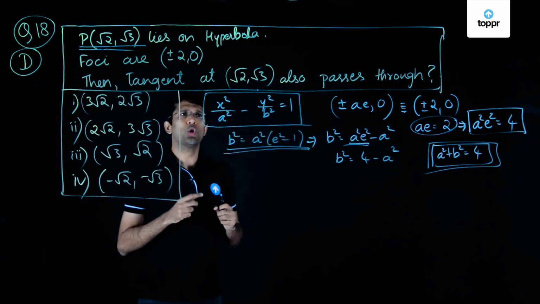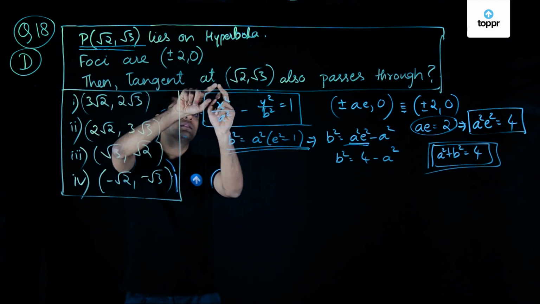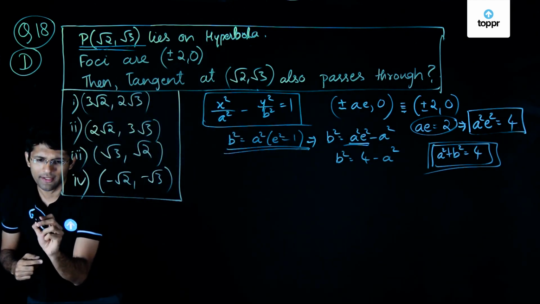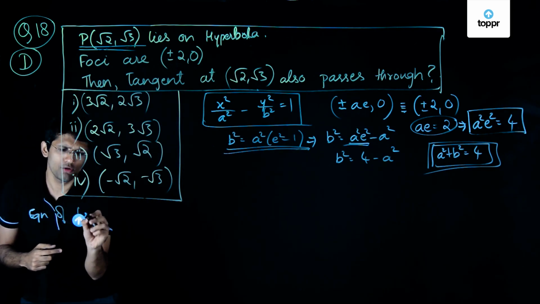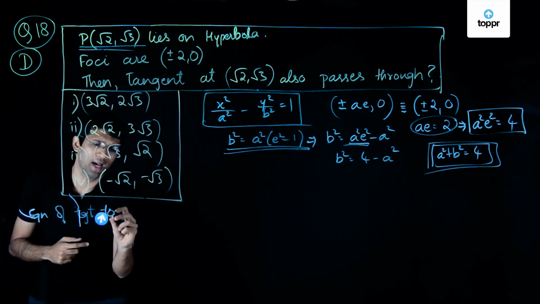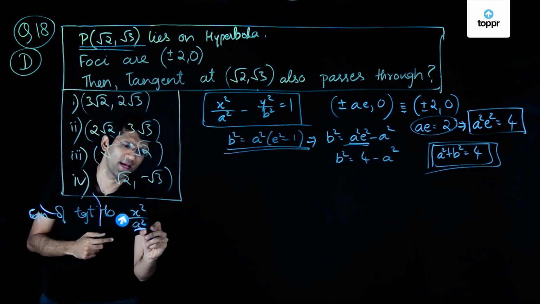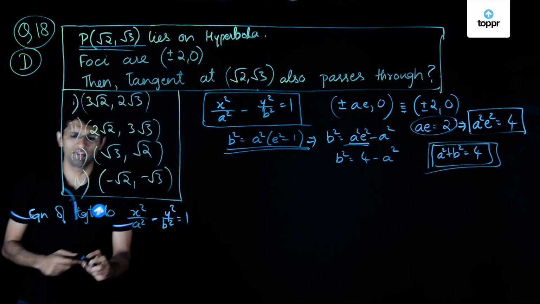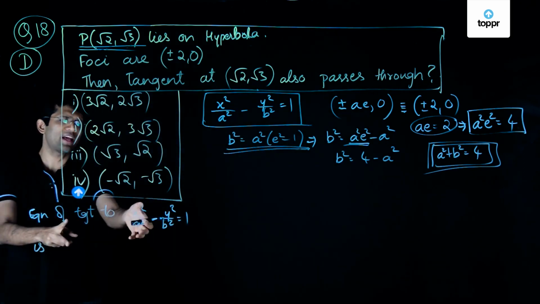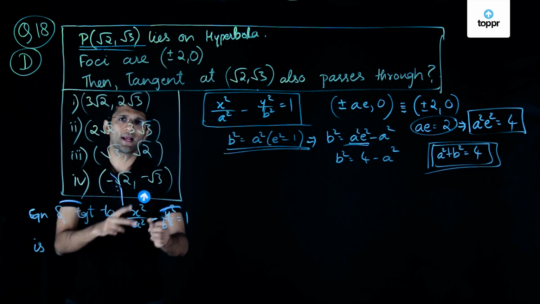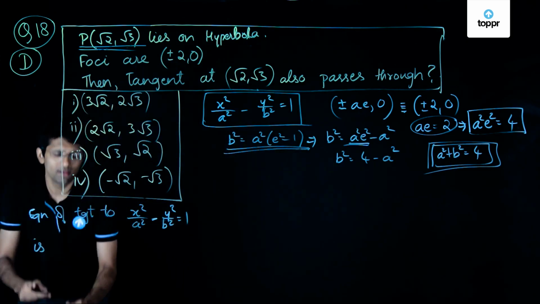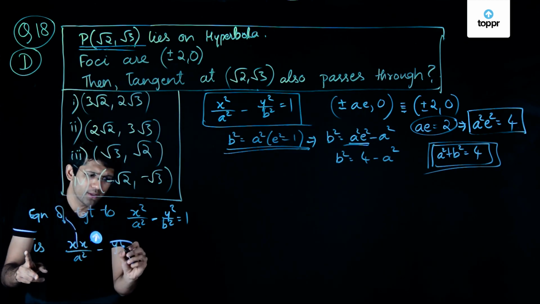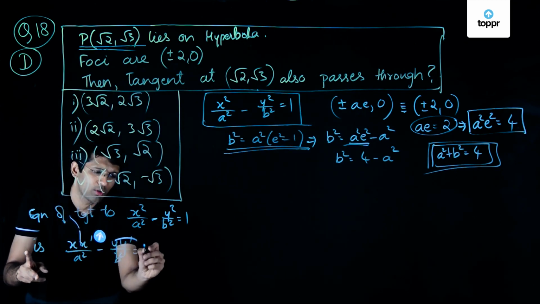Well, note that because we are talking of a tangent, we know the equation of the tangent, so I'll write the result here. The equation of the tangent to a hyperbola of the form x square by a square minus y square by b square equals 1, at a given point x dash comma y dash, is x into x dash upon a square minus y into y dash upon b square is equal to 1.